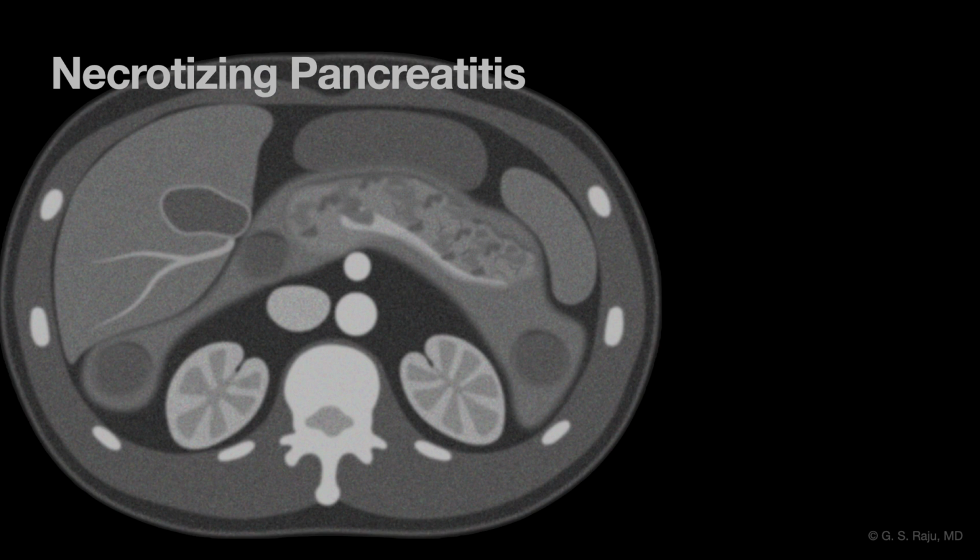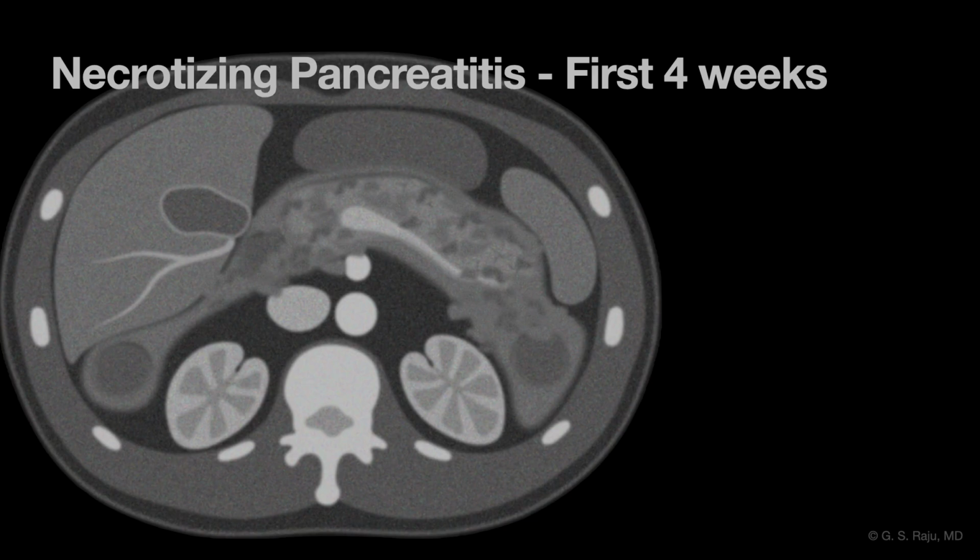Here, the patient developed necrotizing pancreatitis, where you see those dark areas of no perfusion or dead tissue. So here is pancreas with necrosis and edema. And in the first 4 weeks, you may notice not only necrosis of the pancreas, but also necrosis of the peripancreatic tissue.